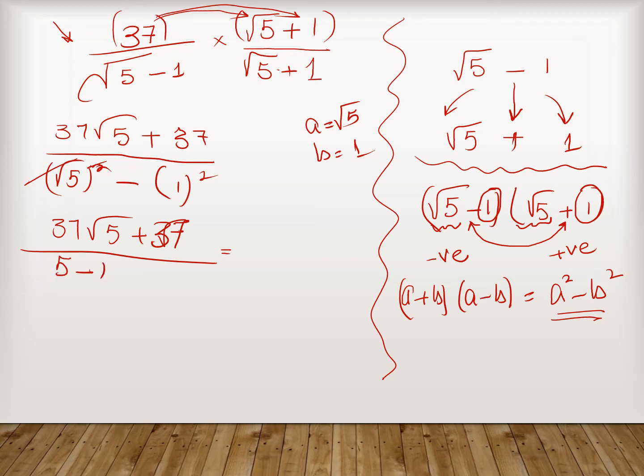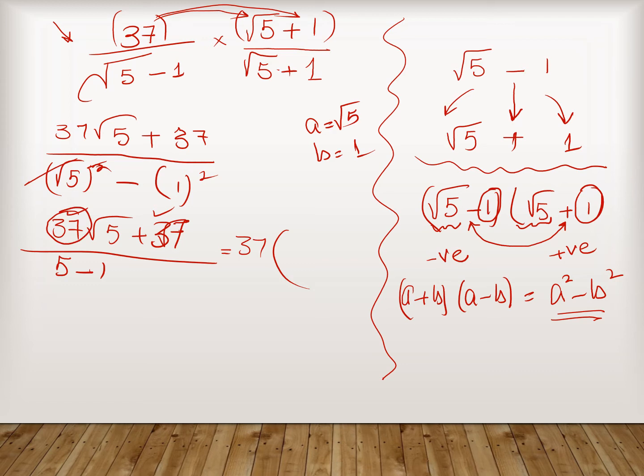Now at this stage, you can use your calculator to get the final answer. But if you are not using the calculator, or it is a non-calculator section, then you have to take 37 common, and what is left you write inside the bracket. From the first term, 37 is common.